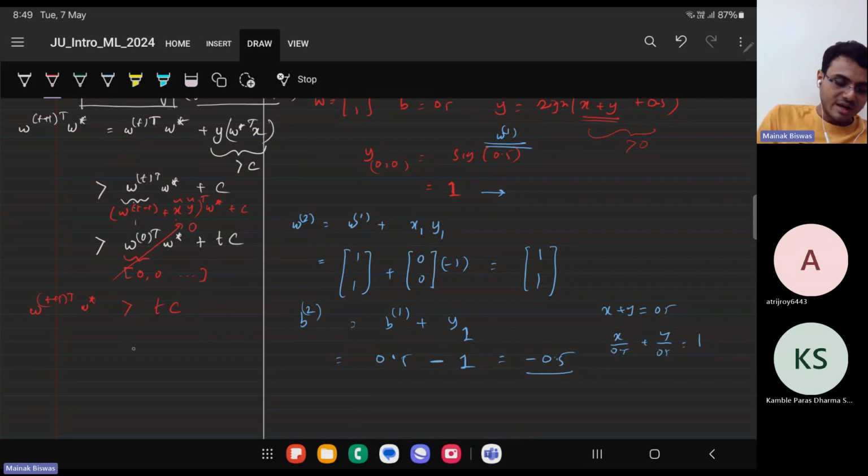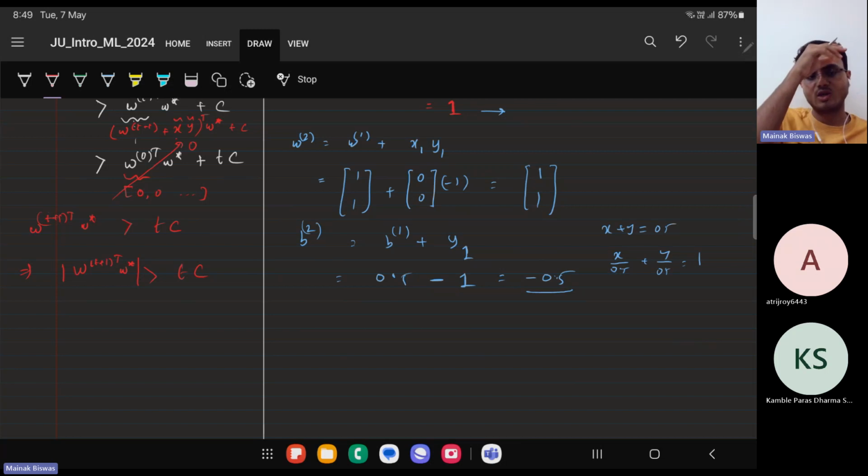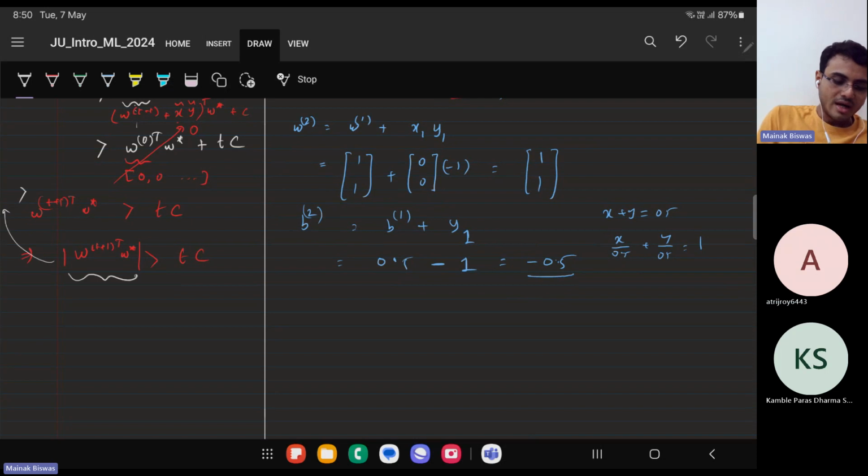This implies W(t+1), if you recall your linear algebra, I just put a mod. Mod also has to be greater than this. Yes or no? Now, if I put the mod, what can I use?